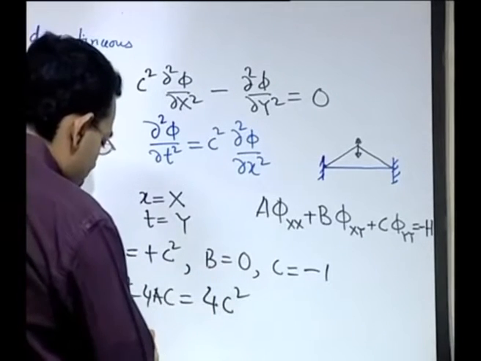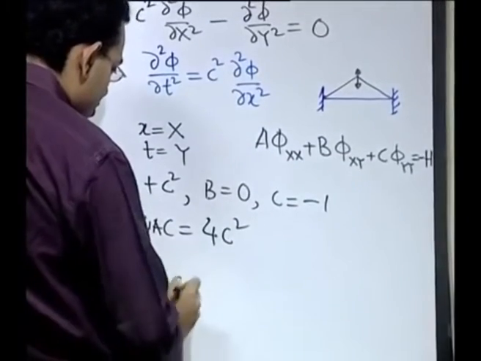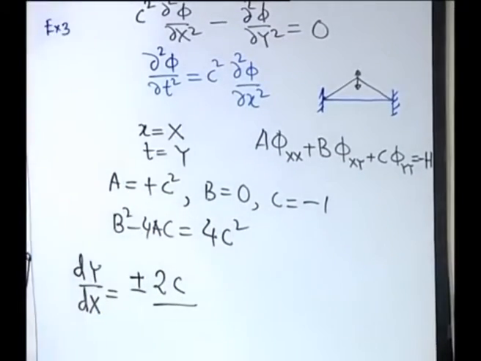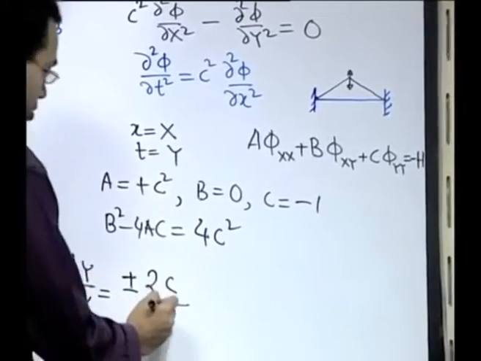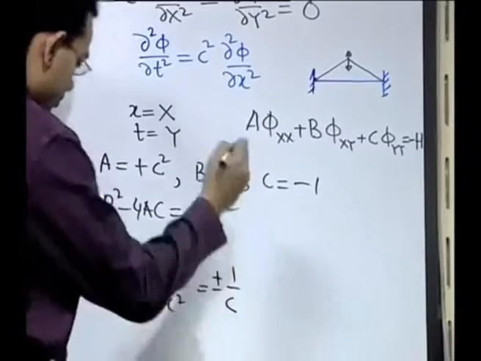B is 0, so plus minus 2c by 2c square. So plus minus 1 by c.